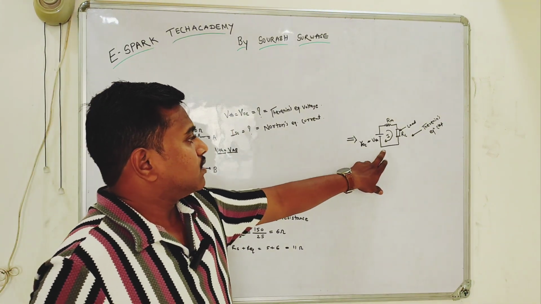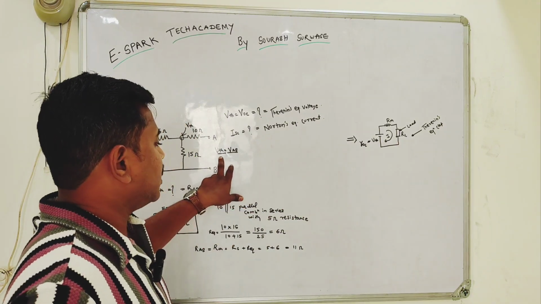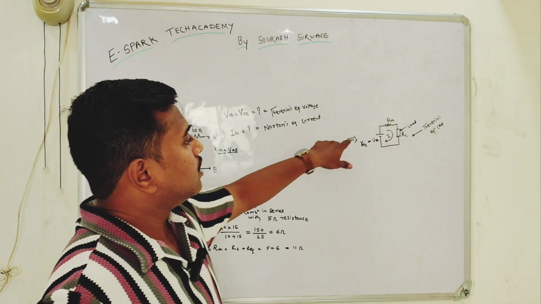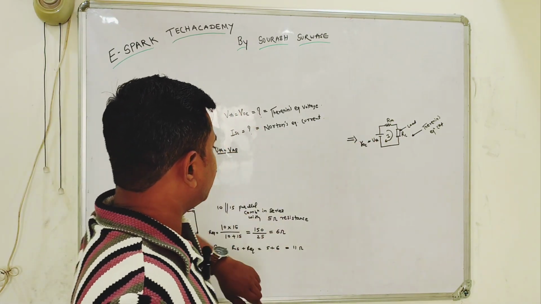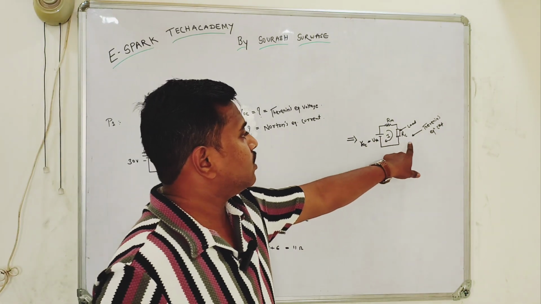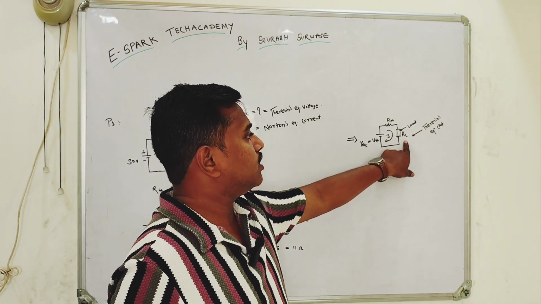The equivalent Thevenin circuit will be VTH, equal to VAB, in series with RTH, where we have just now found out the RTH, and any load if a load is connected to it.